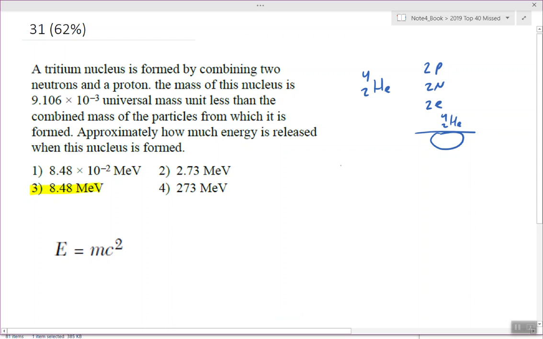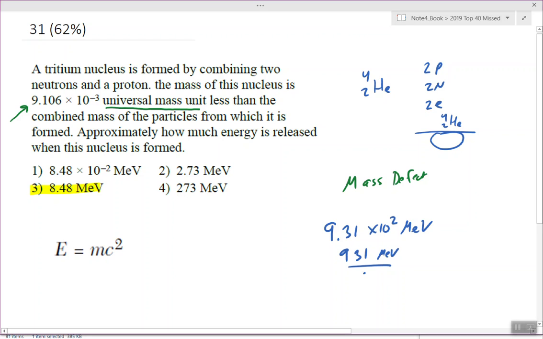The name for that missing mass, by the way, not that you need it for this problem, is called the mass defect. So what they've done is they've given us the mass defect, but they gave it to us in something called universal mass units. Well, if you look on the reference table, it's 9.31 times 10 to the 2, the Regents and their scientific notation love, MeVs, or as I like to call that, 931 MeVs.